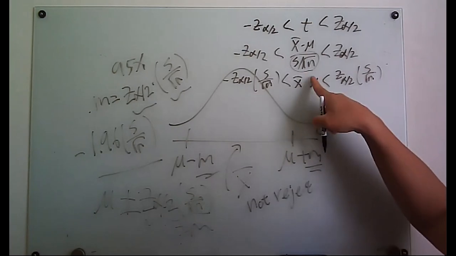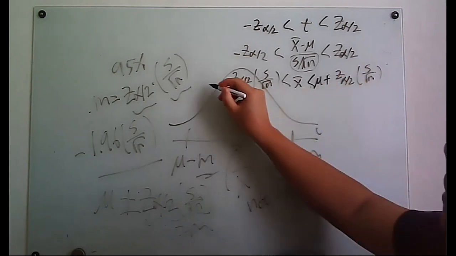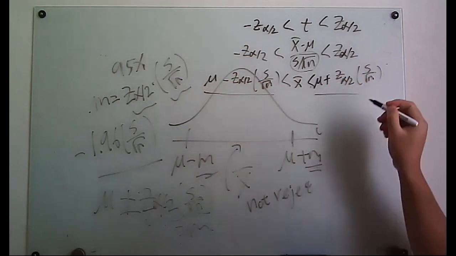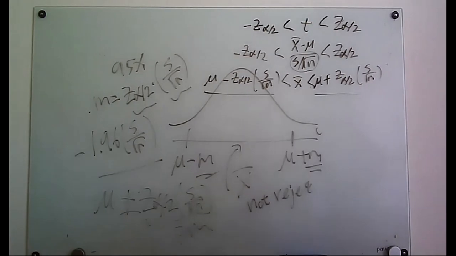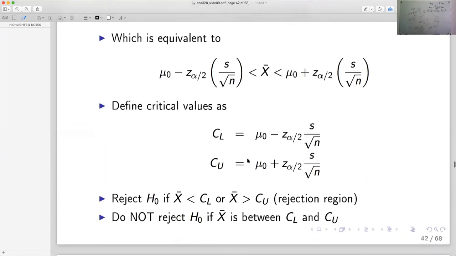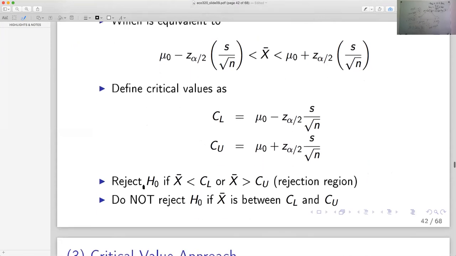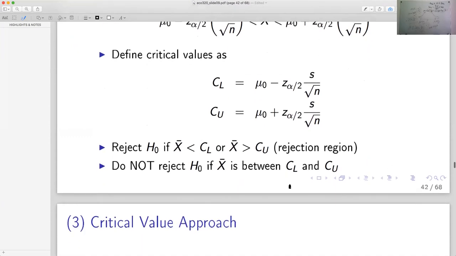That is how you get that mathematically. So the lower bound would be this, and the upper bound would be that. If this is outside of this interval range, you reject. If it's inside, then you cannot reject.